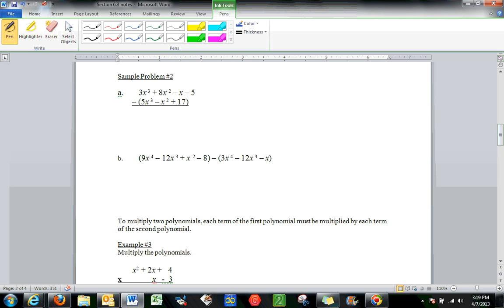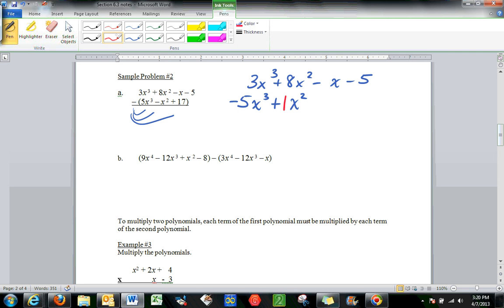Okay, so let's take this first one. I'm going to distribute the negative, and after doing that, I'm just going to simply rewrite everything with the negative distributed. In this case, that's going to give me negative 5x to the third. That's going to give me a positive 1x squared.